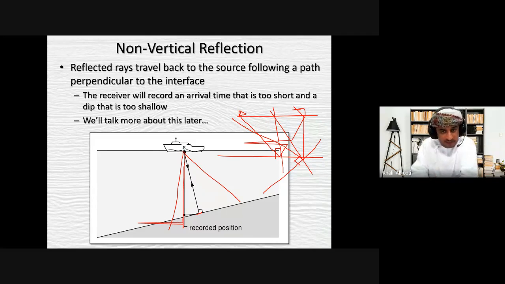It means it's reflected from something. My geophone starts recording some arrival energy. Oh, that's why this is a drawback.